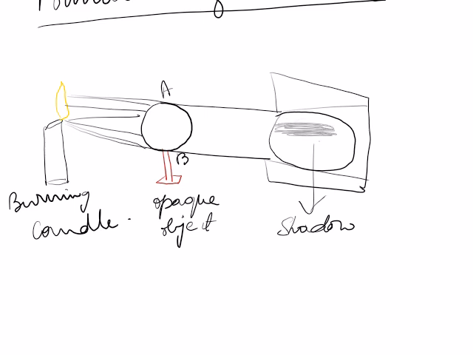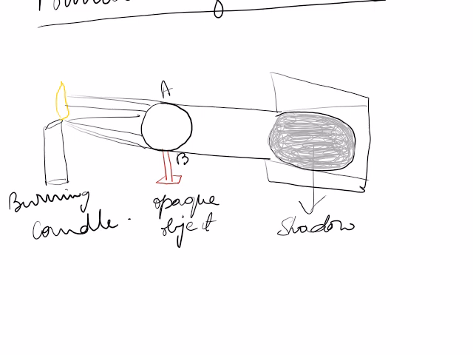Something like this, you will have a dark spot. Why this dark spot? Because the light from the candle was obstructed by the opaque object and it could not reach the screen. So that is why this dark spot is formed. That is called the shadow.